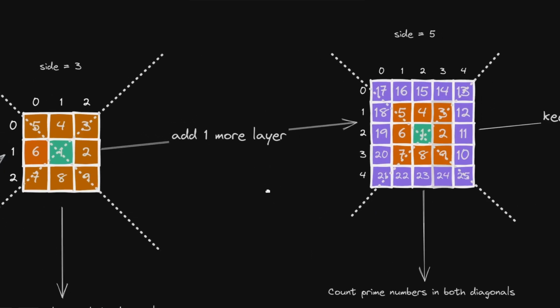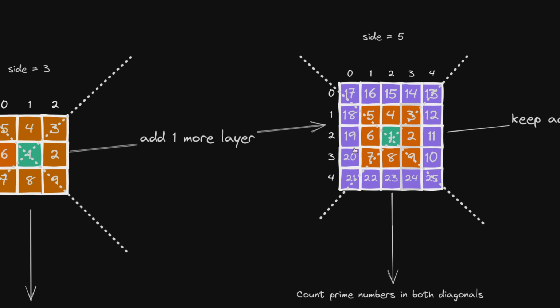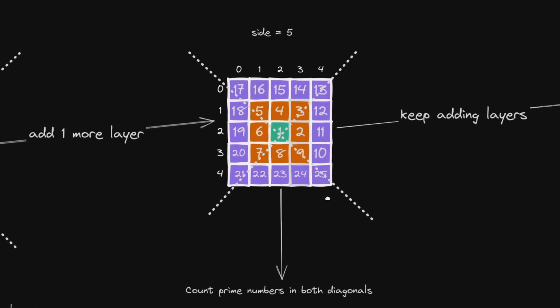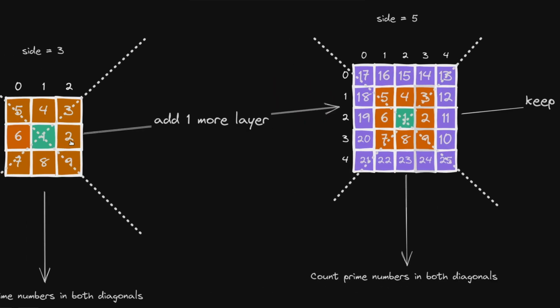the innermost grid remains intact, and a new layer is added, which is denoted by purple color in this one. So as you can see, the ending position of the previous iteration was 9, and from there only we continued. So here we started from 1, we went to the right, and in the anti-clockwise direction we finished at 9.